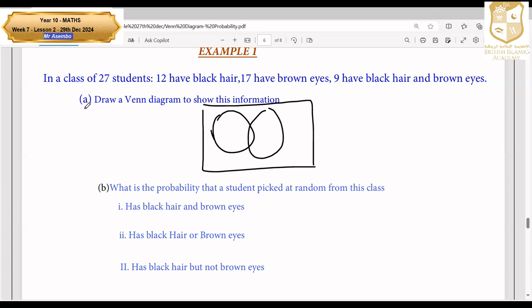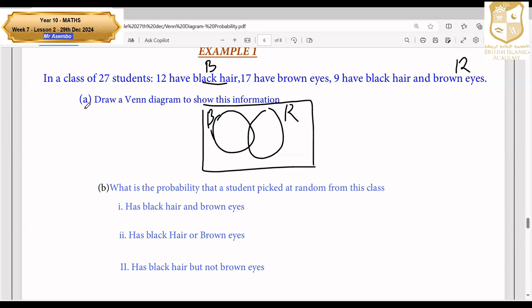For the 12 students who have black hair, let the black hair be B, and then the brown eyes, let's use R. So this is set B, and this one is set R.